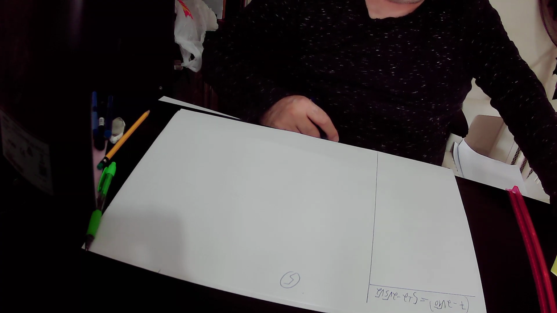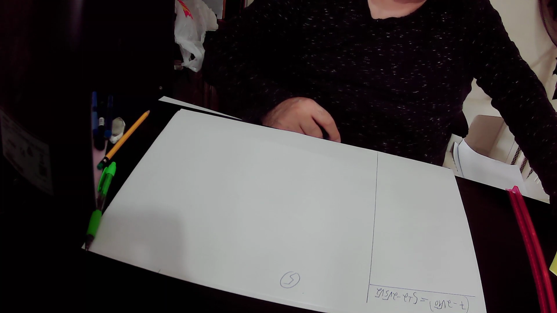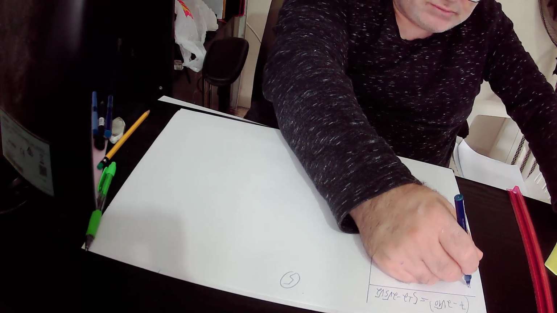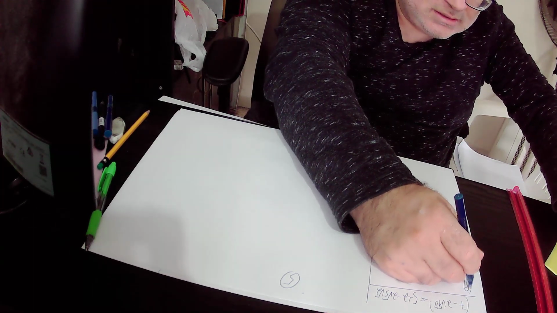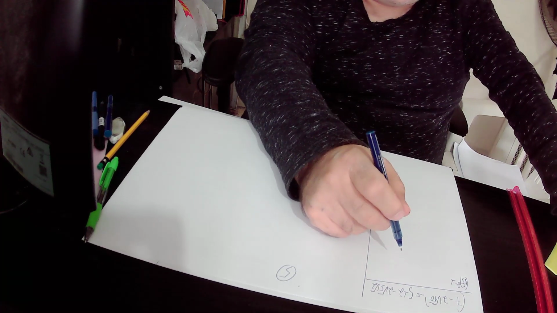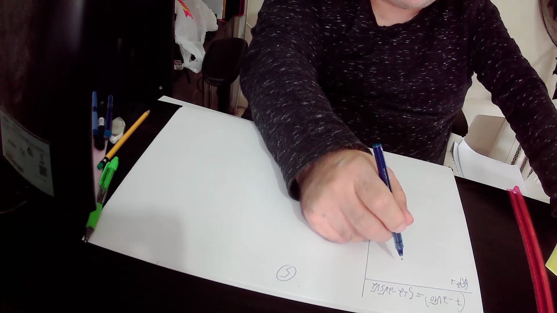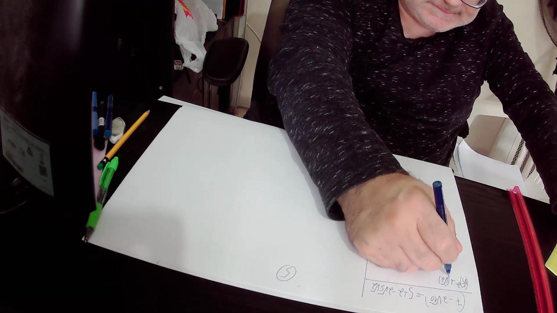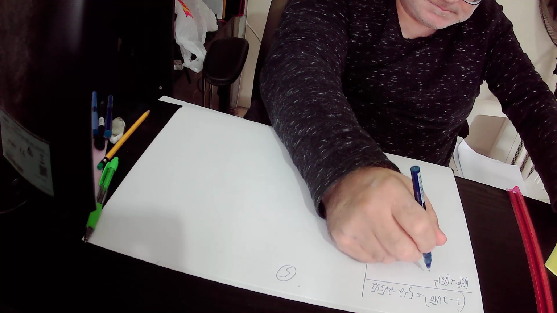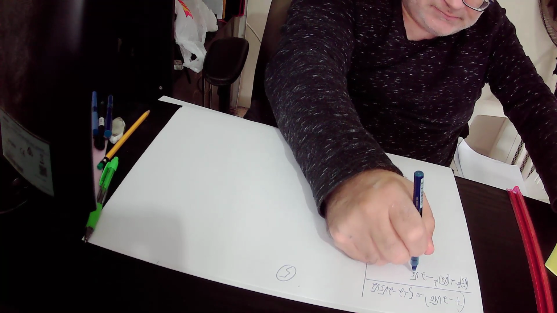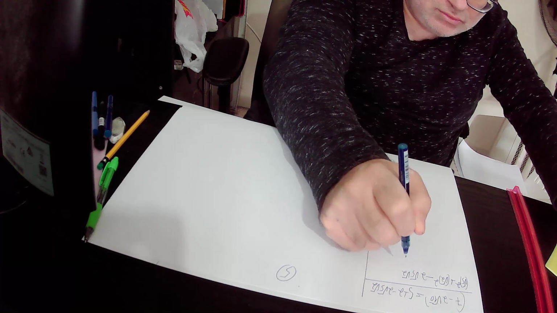Here 5 is actually square root of 5 square, so we substitute 5 by square root of 5 square, and 2 is square root of 2 square, so we will substitute 2 by square root of 2 square, minus 2 times square root of 5 times square root of 2.